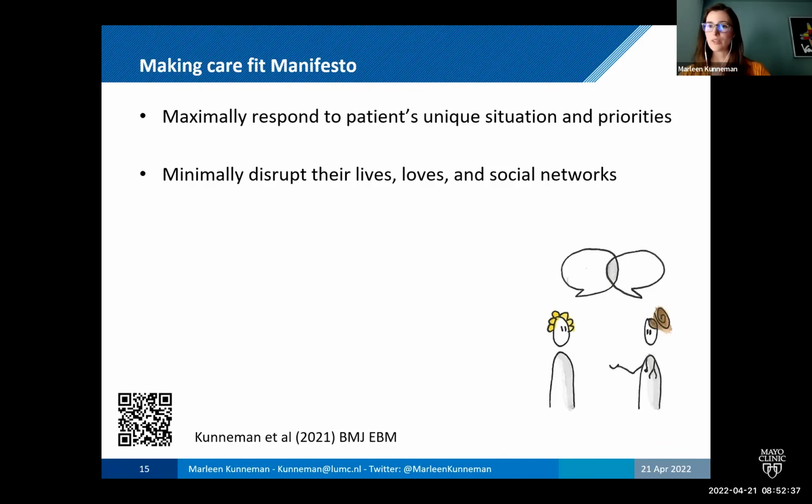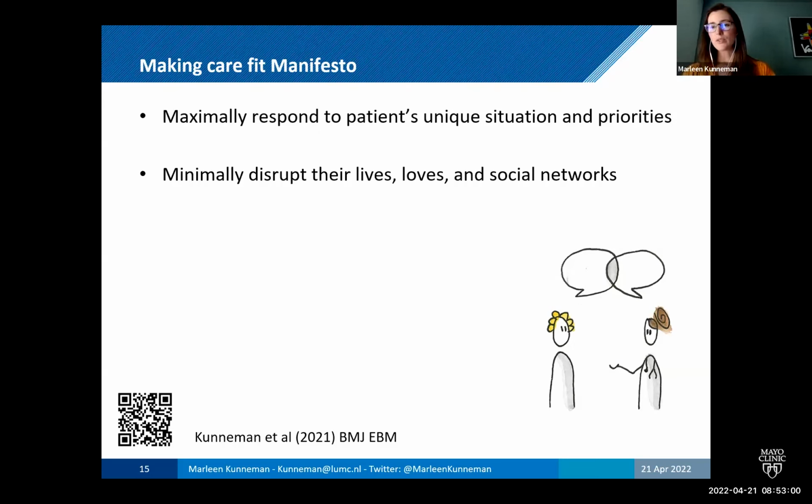As Victor just mentioned, this was a reason for us to think about how we can collaborate on the topic of making care fit, on that collaboration between patients and clinicians and possibly loved ones, caregivers, in trying to design care plans that fit for each individual person.